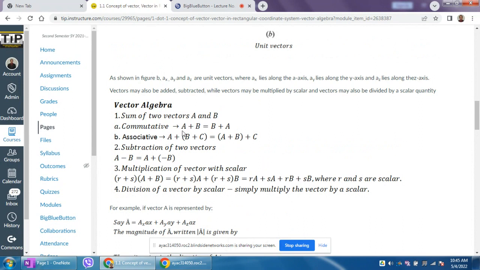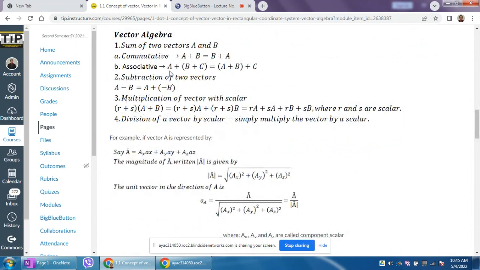Associative po siya. Pwedeng i-distribute natin. For example, you have A plus quantity B plus C. We can rewrite this as quantity A plus B plus C. Subtraction of two vectors, A minus B, is basically equal to vector A plus the negative of vector B.